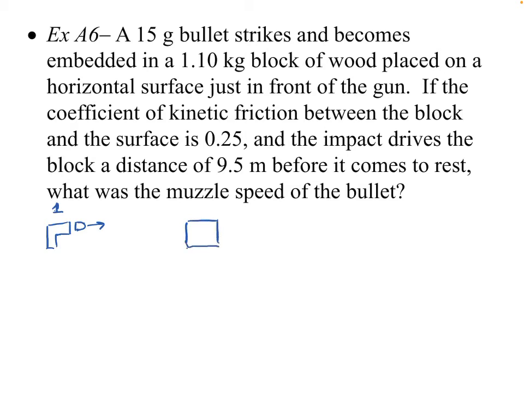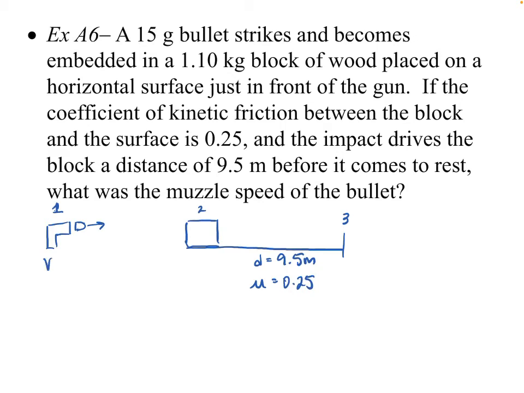Here I have a block of wood sitting on a surface, so I'm going to call this position 2, and then we'll call position 3 the point where it comes to rest. Of course, that's when it has gone a distance of 9.5 meters on a surface that has a coefficient of friction of 0.25.